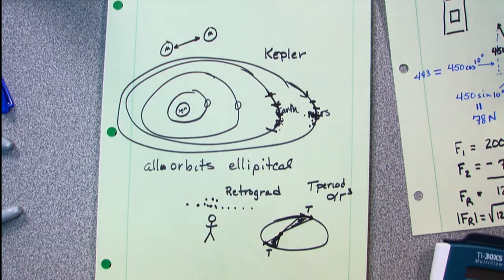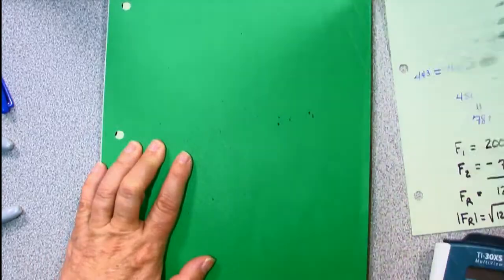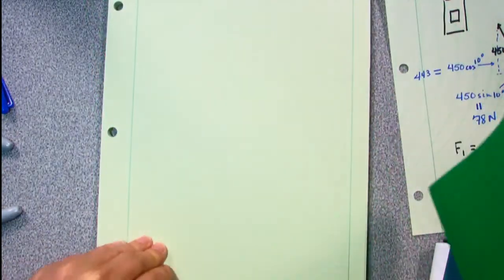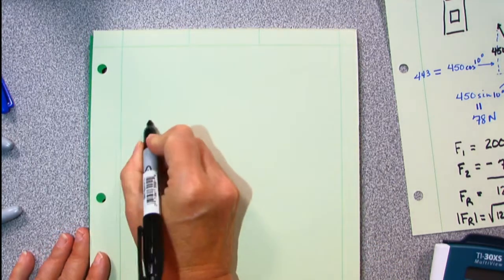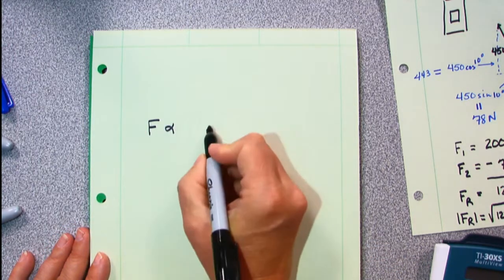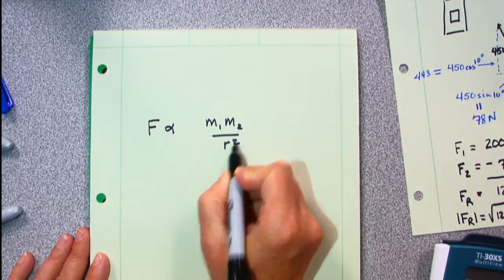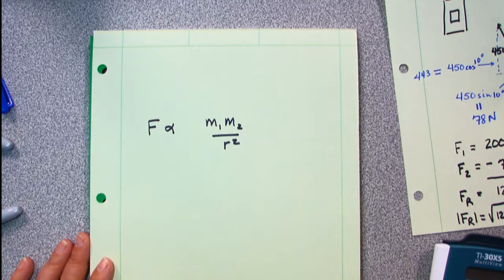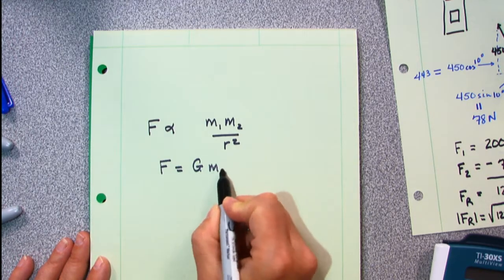But Newton was trying to use these observations to discuss the Earth-Moon system. Turns out the rules still apply. And that's where we get Newton's law of gravitation. And what he says is that the force is proportional to the two masses divided by the radius squared. And then we ultimately now know that this is a gravitational constant.